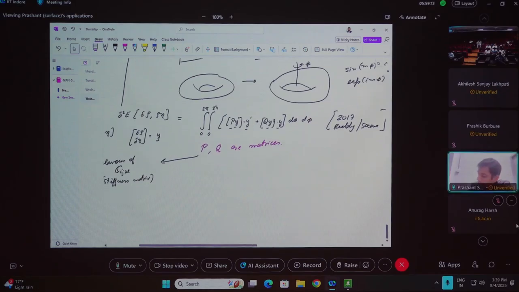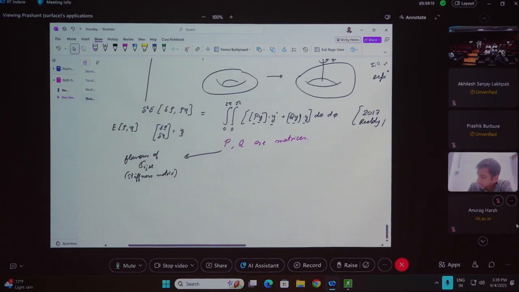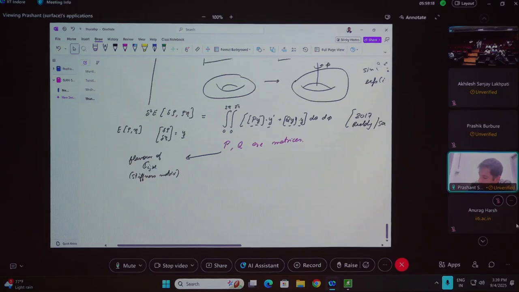And remember, when we were looking at second variation, we talked about the fourth order stiffness tensor and the need for eigenvalues to stay positive. So this is what we get, some similar conditions.